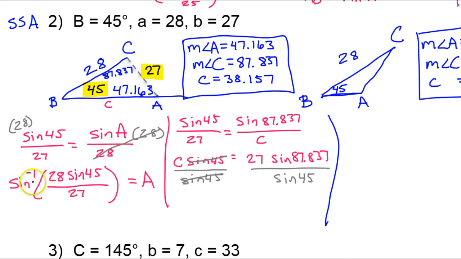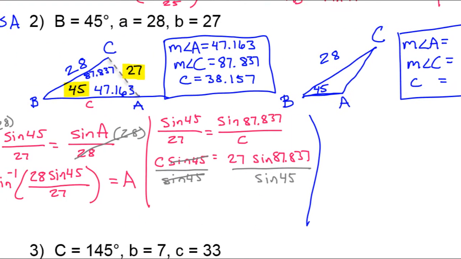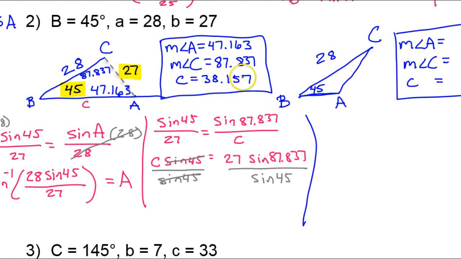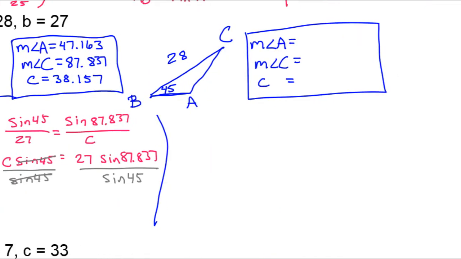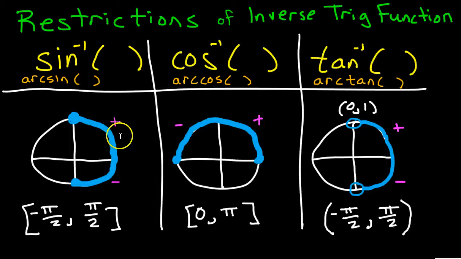When we did the inverse trig function, the inverse sine, in order to find angle A, notice that it gave us an acute angle. Okay, so if I try to do the same thing and do the inverse sine to find angle A here, guess what? It's just going to give me that same acute angle again. It will not give me the obtuse angle. It's because of the restrictions.